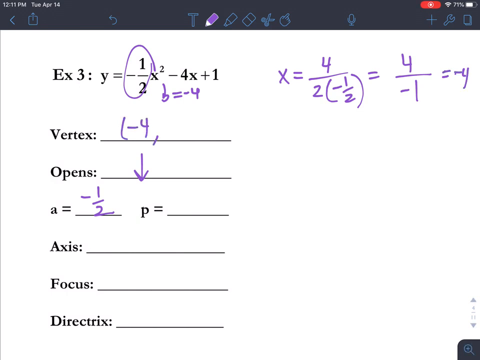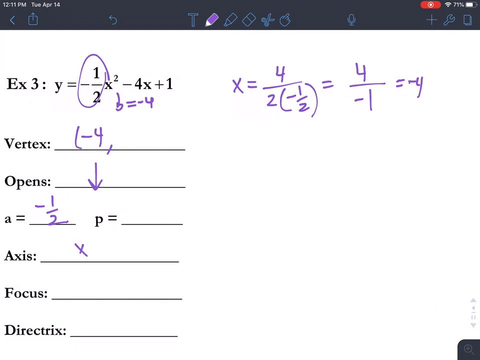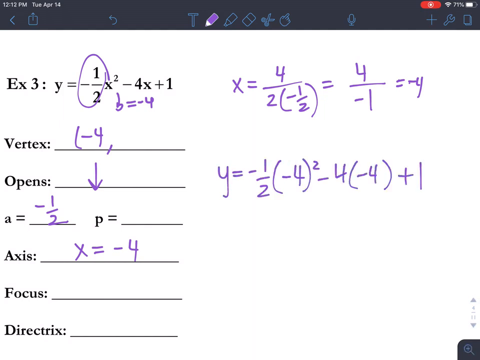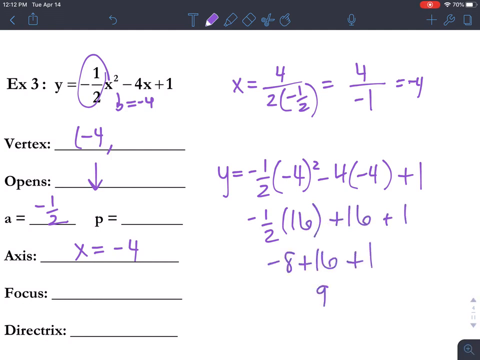You could even write it here, x equals -4. Now I have to plug it in. y equals -1/2 times -4 squared minus 4 times -4 plus 1. -1/2 times 16 plus 16 plus 1. -8 plus 16 plus 1, and I end up with 9.